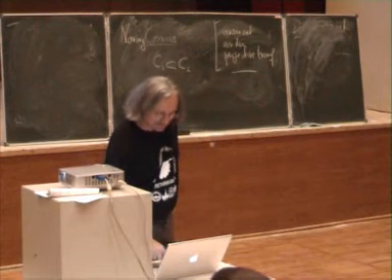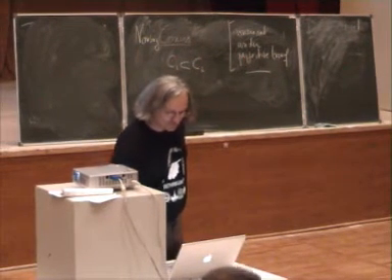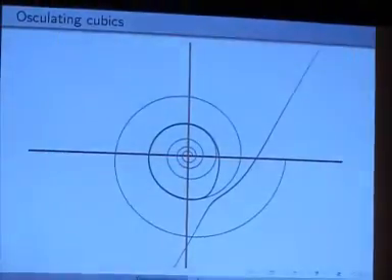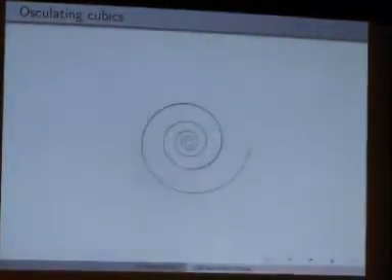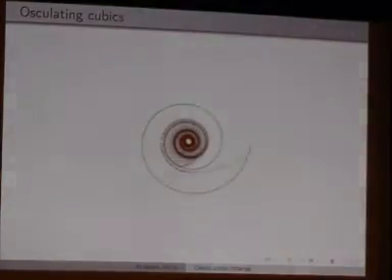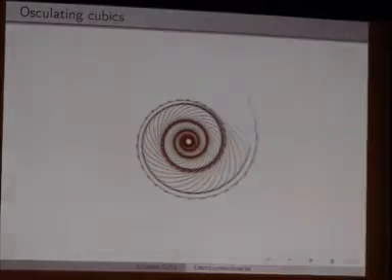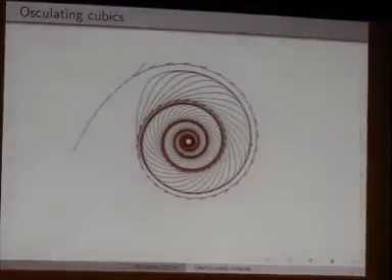Let me show you a picture. Again, I take the helix, and then I take the osculating cubic. You see, the ovals don't intersect, but the cubics do intersect, because the cubics look like that.